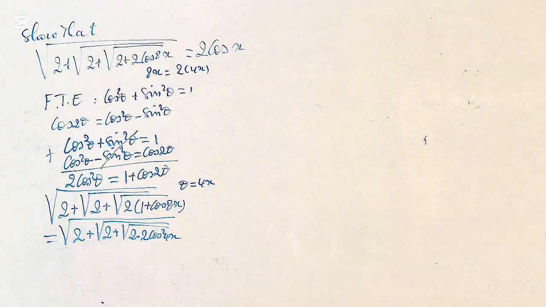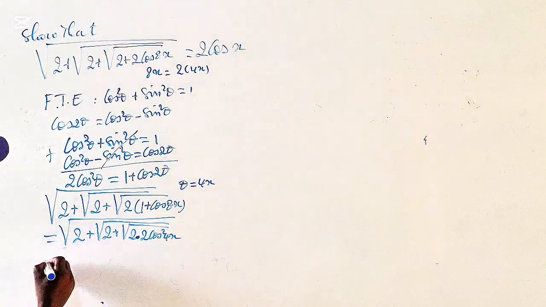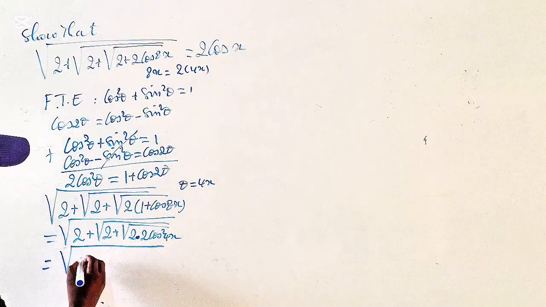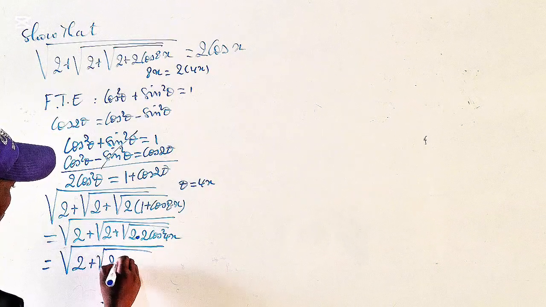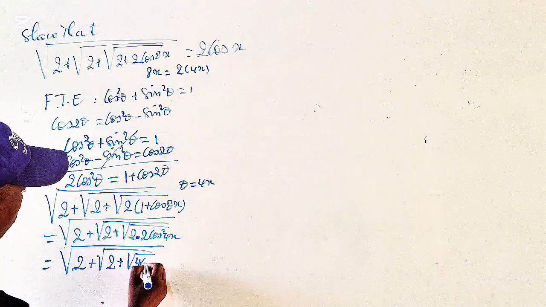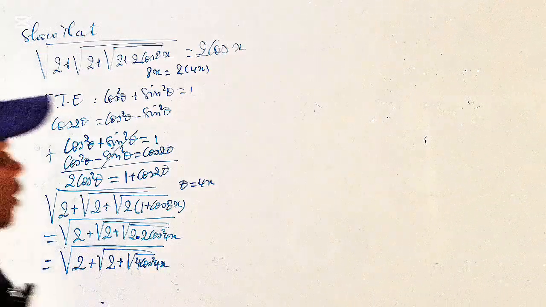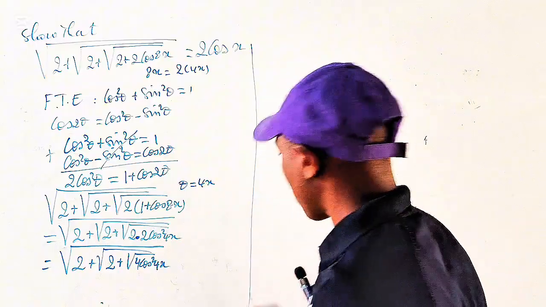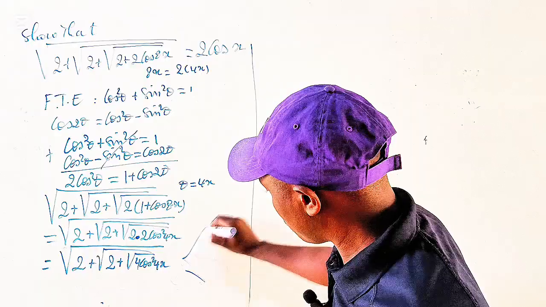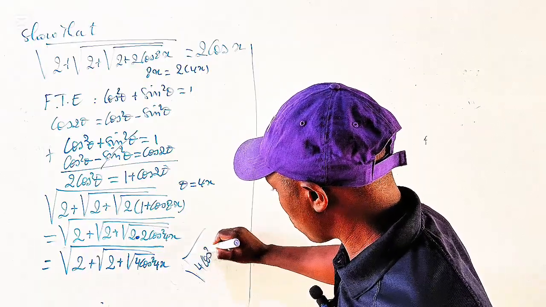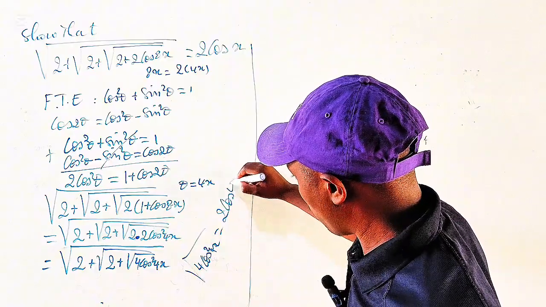Now this times this is 4 times cosine squared of 4x. Here we have the square root of 2 plus the square root of 2 plus the square root of 4 cosine squared of 4x. The square root of 4 cosine squared of 4x is 2 times the cosine of 4x.